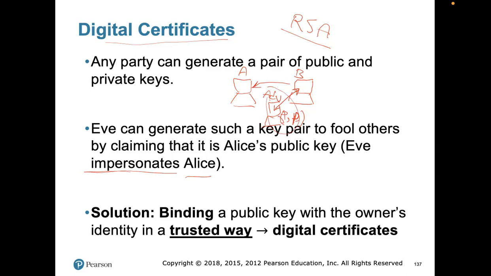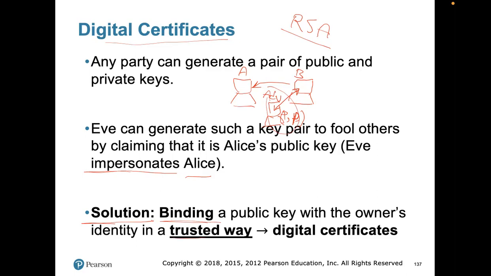And there is no way for Bob to make sure that this is the key which was generated by Alice, or if someone is impersonating Alice. Okay, this is the problem we have. And the solution is this: we can bind the public key using some owner's identification in a trusted way.